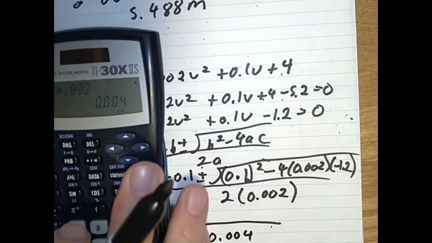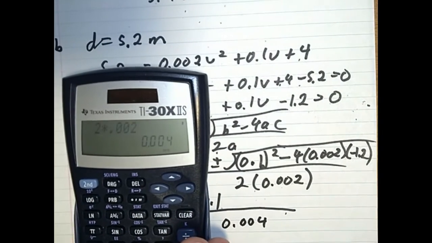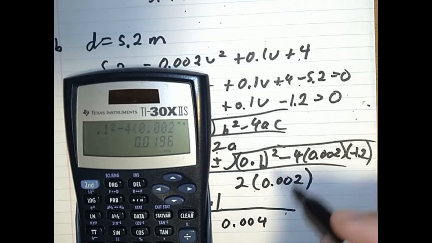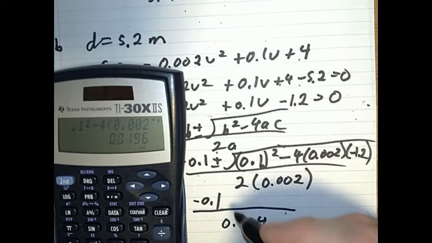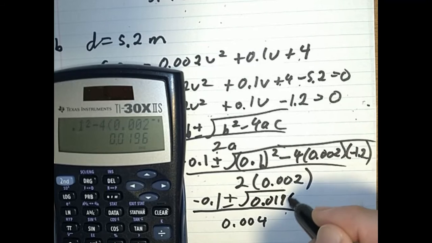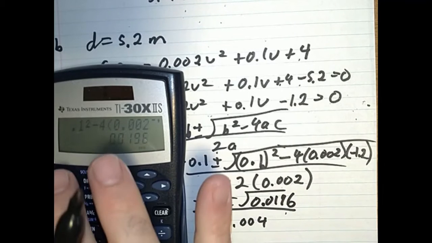Now 0.1 squared minus 4 times 0.002 times negative 1.2. So here we got plus or minus the square root of 0.0196, and we'll square root that.